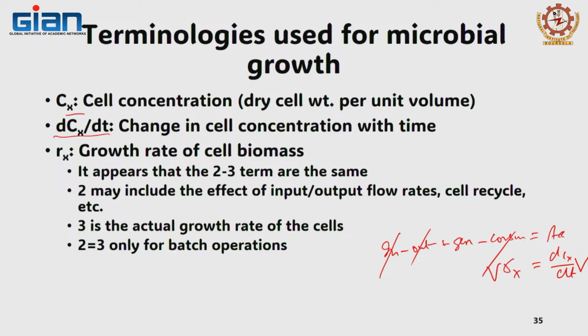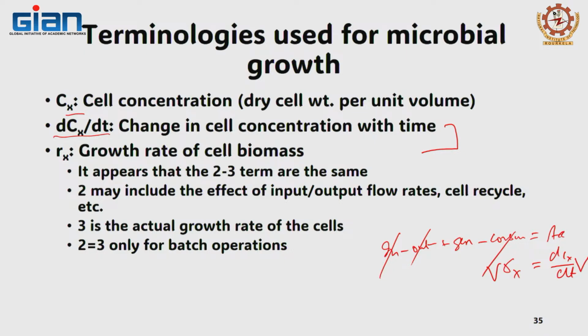I have given you this way in advance, but I am just trying to explain how we are going to use these terminologies later on. Okay. So, your Rx is your growth rate of the cell biomass. So, what is the difference between dCx by dt and Rx? dCx by dt is a change in the cell concentration, Rx is your growth rate.